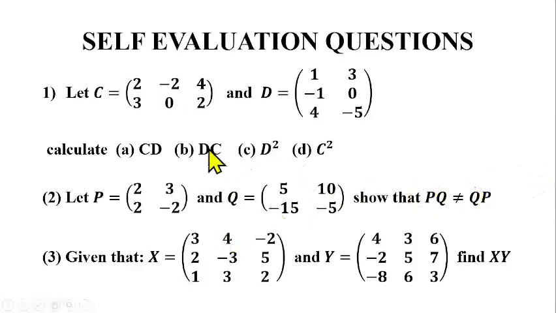So that ends our discussion on multiplication of matrices. Now the next thing we want to talk about is how to transpose a matrix. Transpose of a matrix. How do we transpose a matrix, or what is the meaning of a transpose of a matrix? Now that we understand how to multiply matrices out, how do we transpose a matrix?